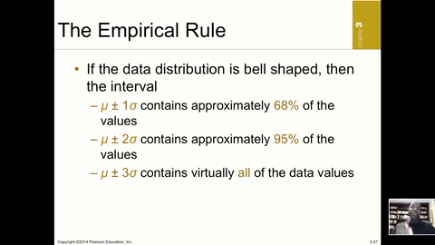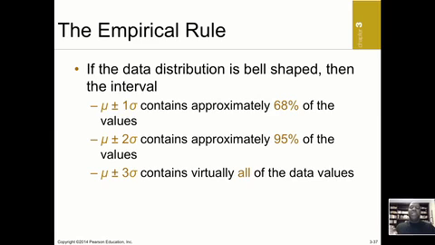Well, I would basically employ the empirical rule, because all I would have to do is to replace the population parameters by their statistical equivalents. So the statistics that I would use would be x bar and s, where x bar represents the sample mean and s represents the sample standard deviation. So I would use x bar instead of mu, and s instead of sigma. And that would allow me to compute ranges for the sample.